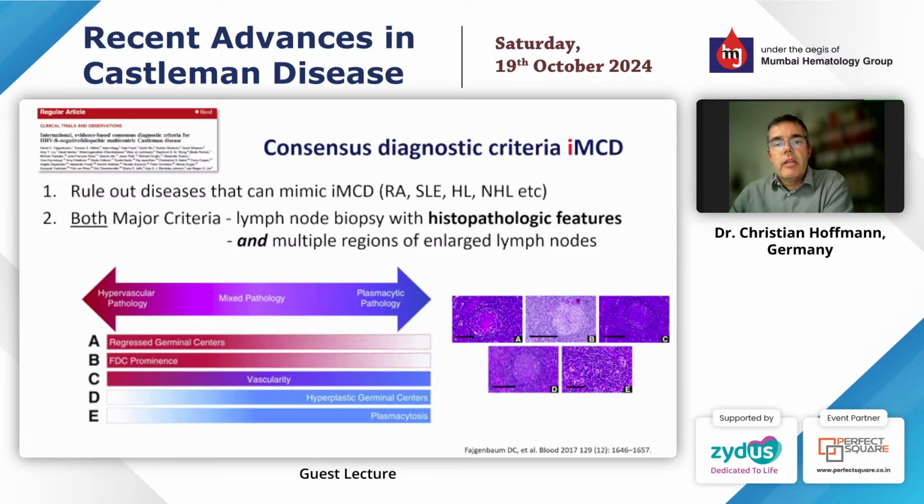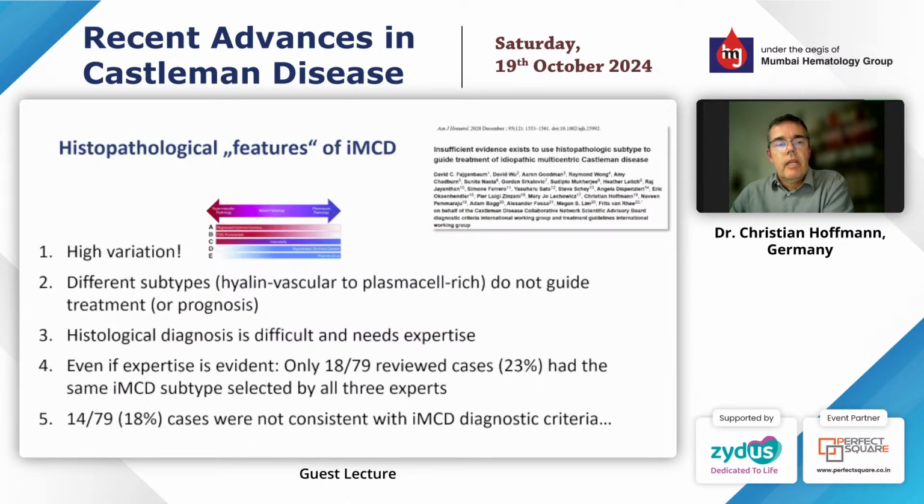to make the diagnosis. There is high variation, there are different subtypes, from hyaline vascular to plasma cell rich, and these subtypes do not guide the prognosis, but the histological diagnosis is very difficult and clearly needs expertise. And even if the expertise is evident, you will have disagreement between experts.